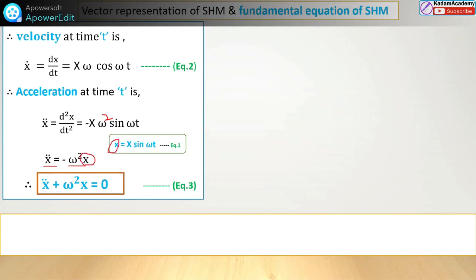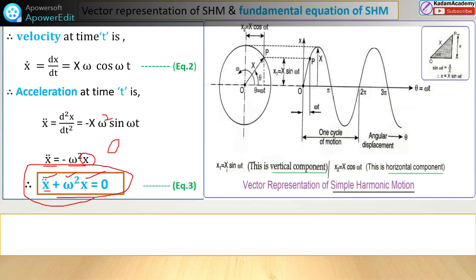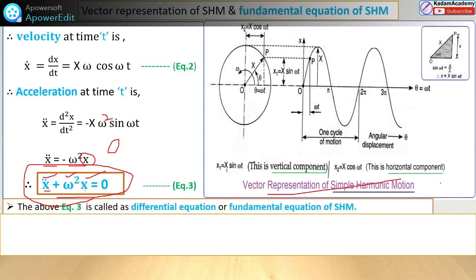So x is the displacement and this is your acceleration. x double dot equals minus omega square x. This is your fundamental equation of the SHM, which represents the differential equation, and it is very useful, and we just derived it from this diagram for the vector representation of harmonic motion.